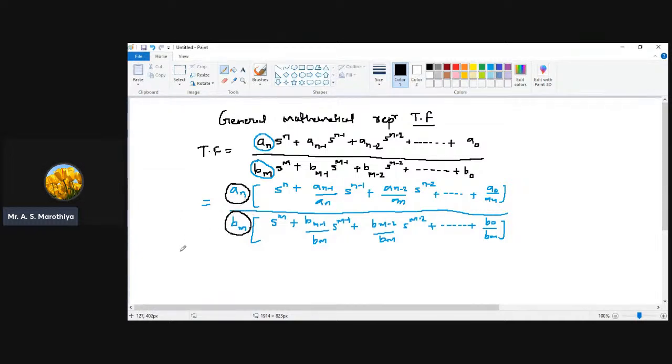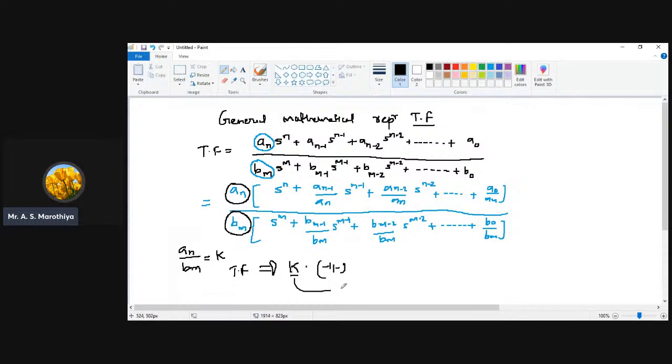Now if you see this equation very carefully, here the ratio of this a_n by b_m, we can define this ratio by another factor indicated by symbol K. So now instead of writing this a_n by b_m, I can write this equation as transfer function is going to be equal to K times this entire equation.